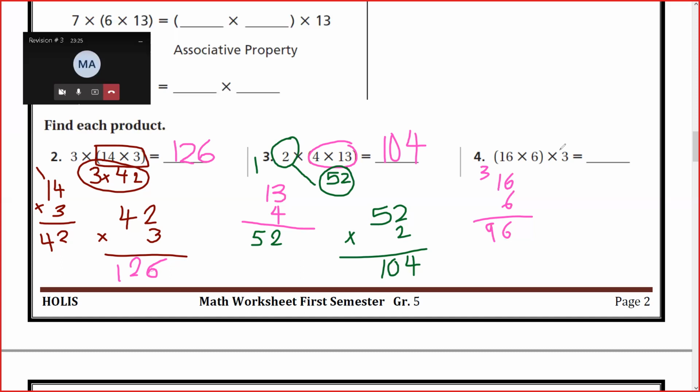So it will be 96. Then what do you need to do? You need to multiply 96 with what? 3. Bravo. 96 with 3. 3 times 6? 18. 3 times 9? 27. Plus 1, 28. Bravo. So the final answer will be? 288. Thank you.